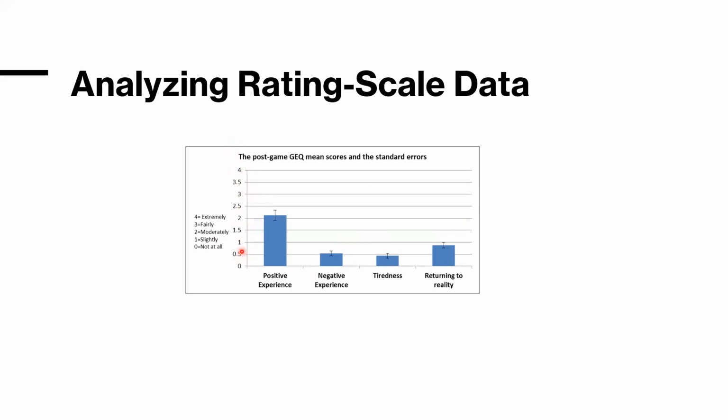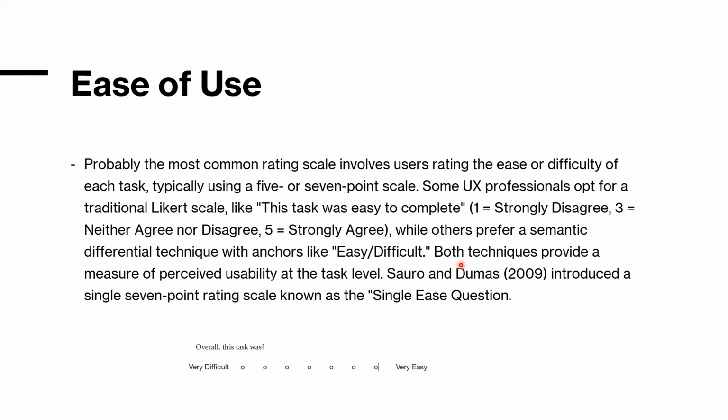This looks a little bit weird here, but you can adjust it in the spreadsheet depending on the tool that you're using. So those graphs tell you what you can do. Ease of use is one of the important aspects of usability metrics.